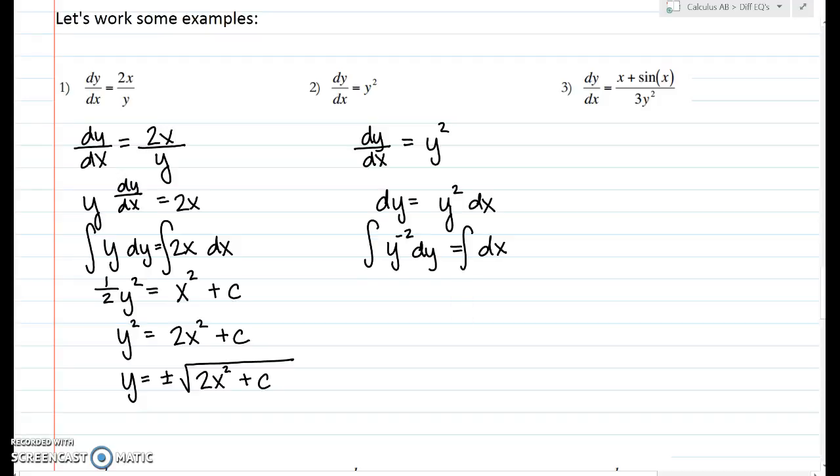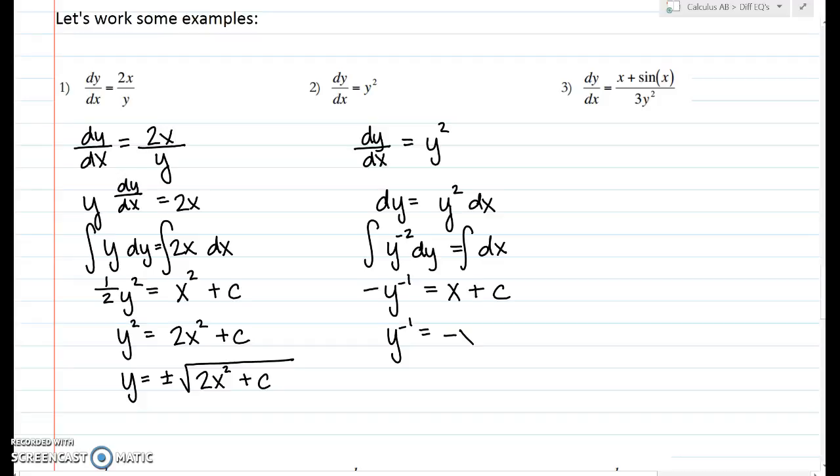Okay, now I'm going to integrate both sides. Antiderivative of y to the negative 2 is negative y to the negative 1. The antiderivative of, oh, it looks like nothing. It's really a 1. The antiderivative of 1 is x. And don't forget your plus c. Okay, now I want to get y by itself. Don't forget. So the first thing I'm going to do is get rid of that negative sign.